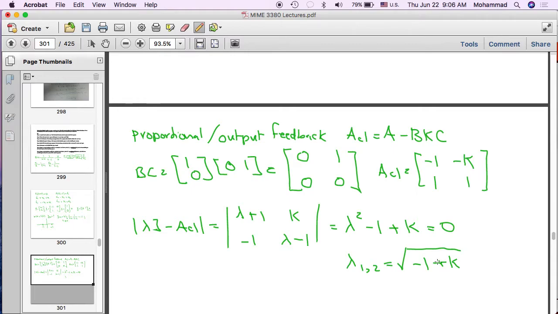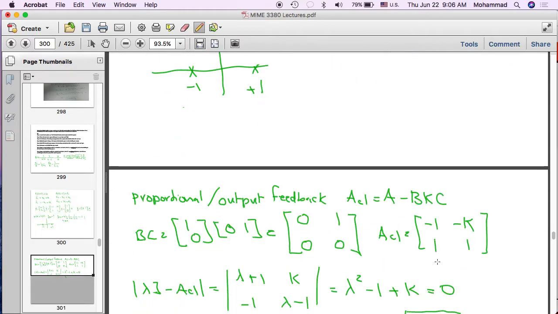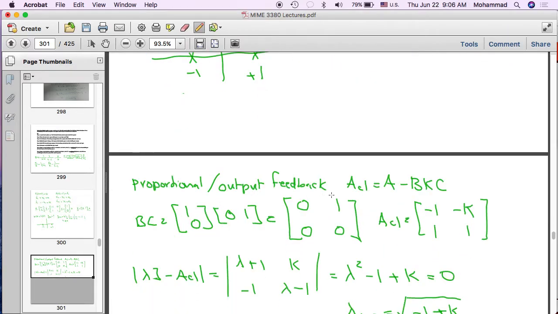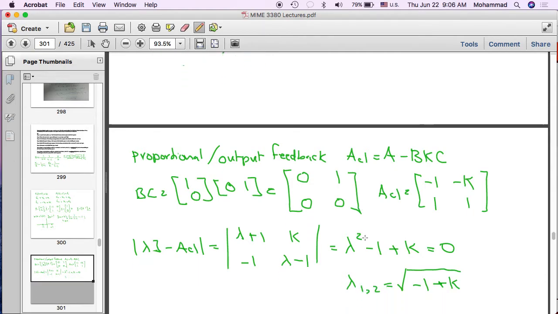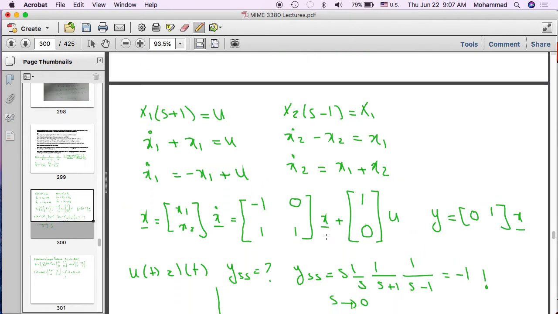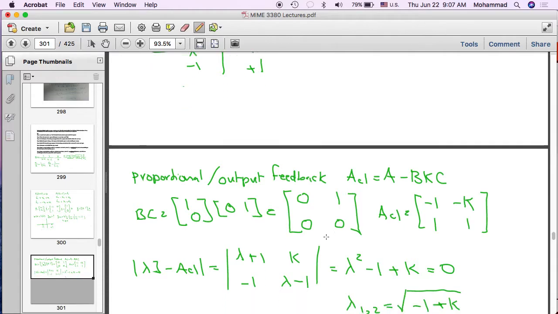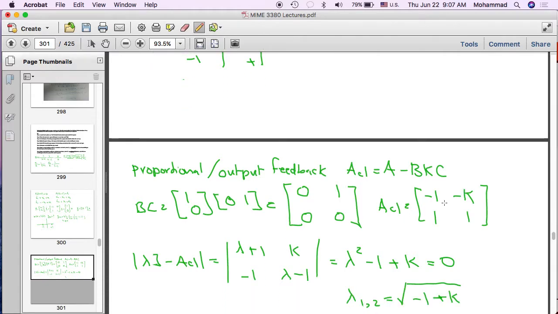Did we do this correctly? Let's double check. So B is [1, 0], C is [0, 1]. So 1 times 0 is 0, 1 times 1 is 1, 0 times 0 is 0, 0 times 1 is 0. So we did this correctly. And A was [-1, 0; 1, 1]. So we just need to subtract this, so we got this.